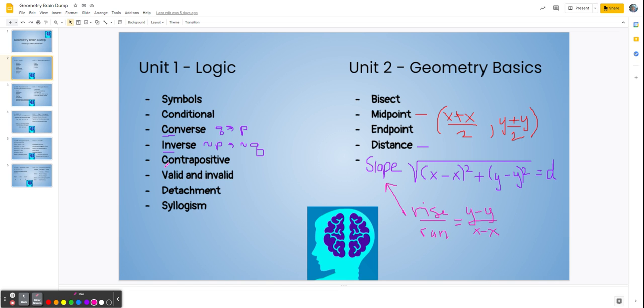Which things are valid and which things are invalid? So I've got valid and invalid over here. Which patterns are valid and which patterns are not valid? Is PQ valid? PQ is valid.